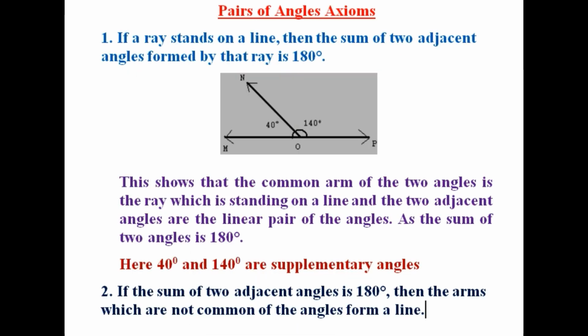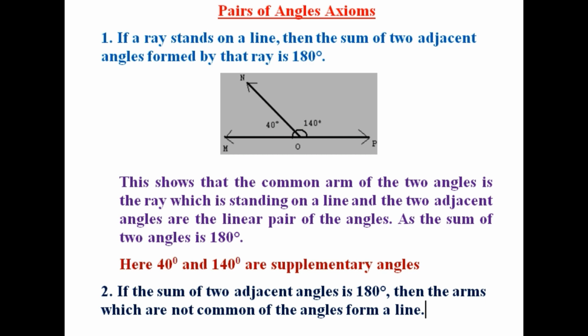So next we will see pairs of angles axioms. First axiom: if a ray stands on a line, then the sum of the two adjacent angles formed by that ray is 180 degrees. You see the diagram. One straight line, one common arm, forms a 40 degree and a 140 degree angle.